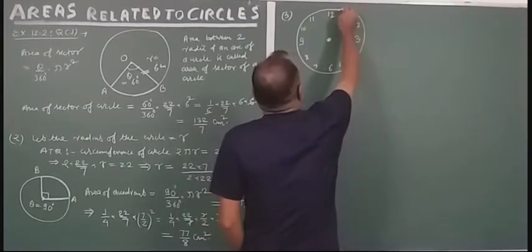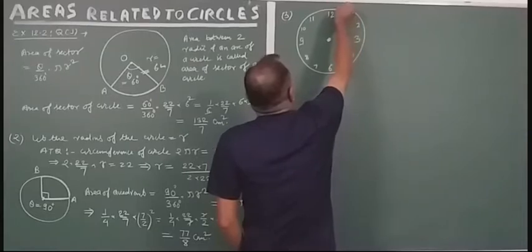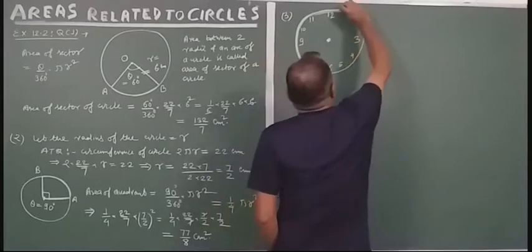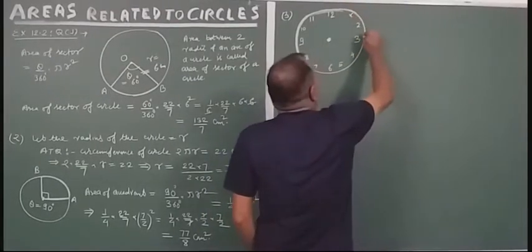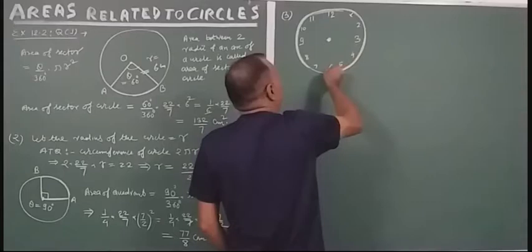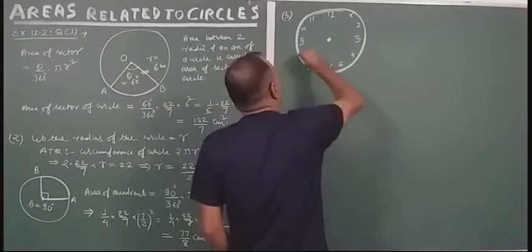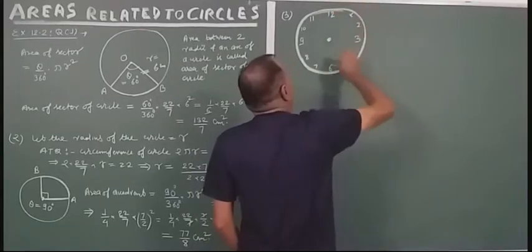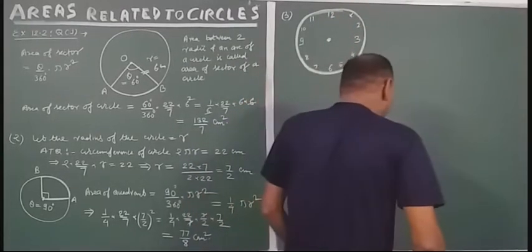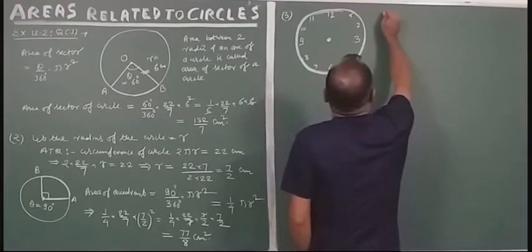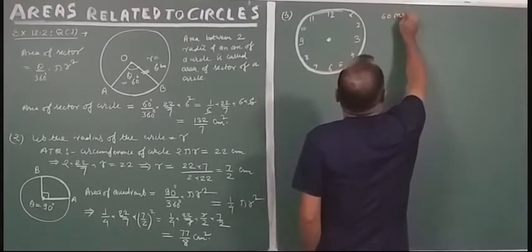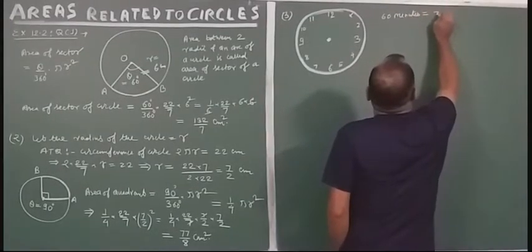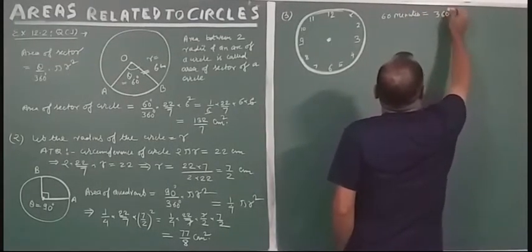What is this complete angle? How much is it? 360 degree. And how many minutes are there from here to here? 60 minutes are there. 60 minutes is equal to how much? 360 degree.